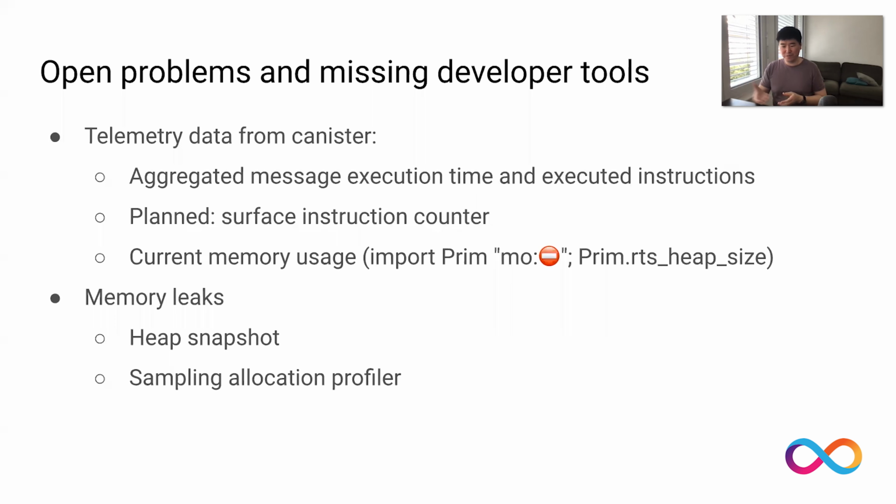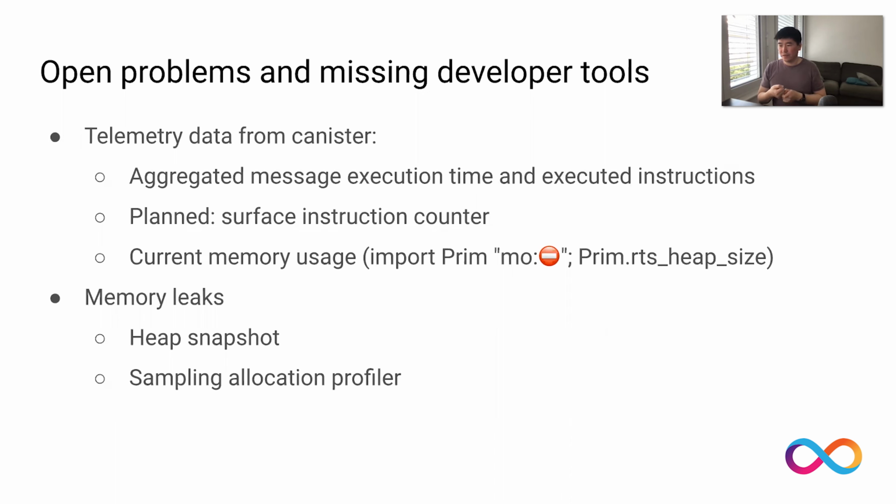This will give developers visibility on how the canister is performing in the real world. What is already planned is to surface the instruction counter to the canister so that the canister can query how many instructions it has already executed.